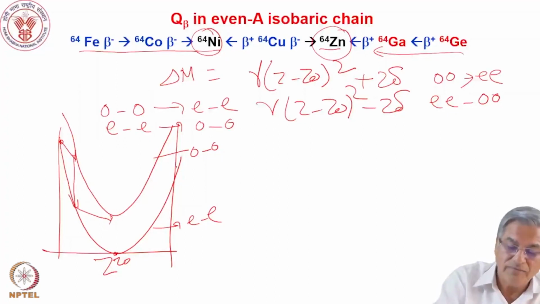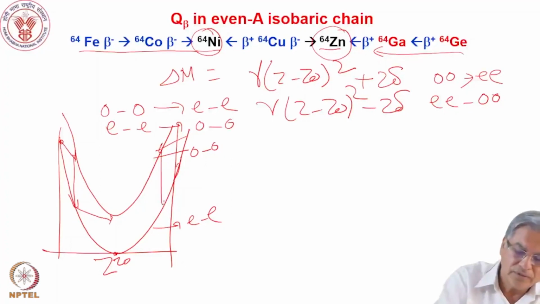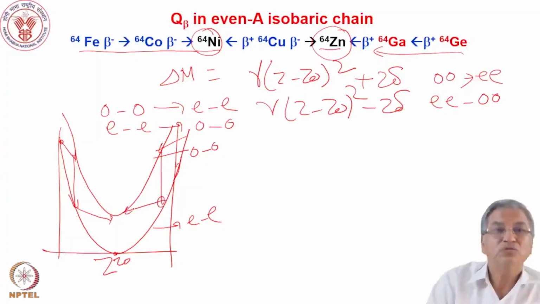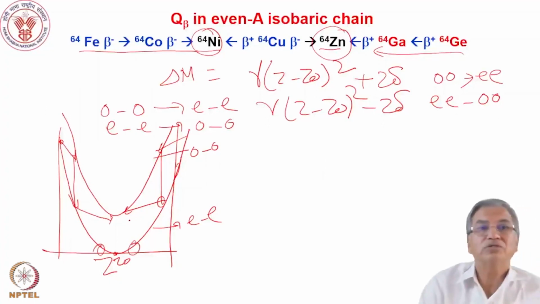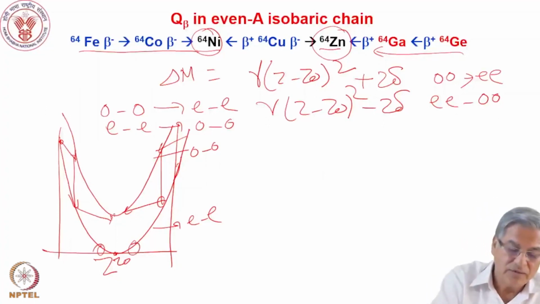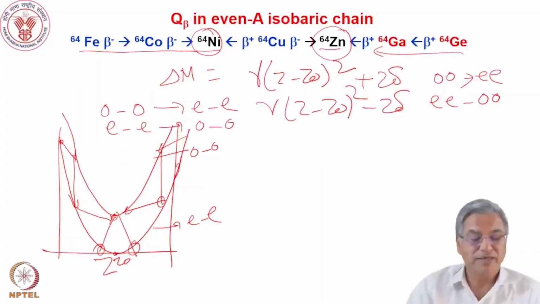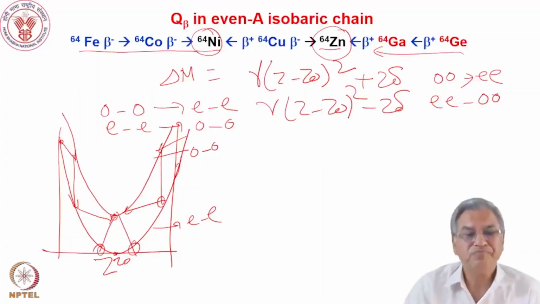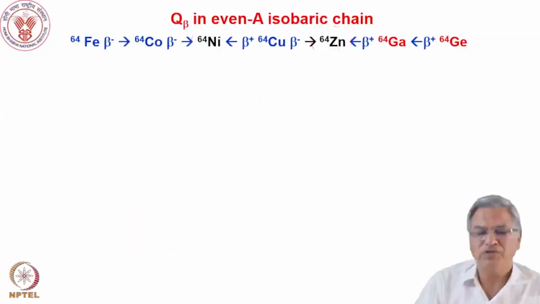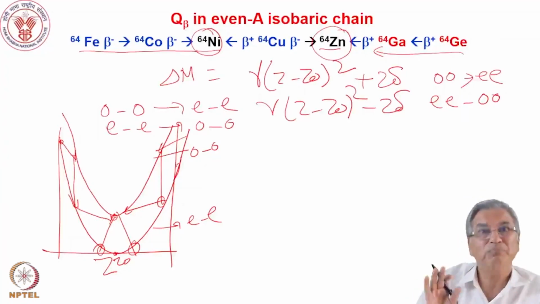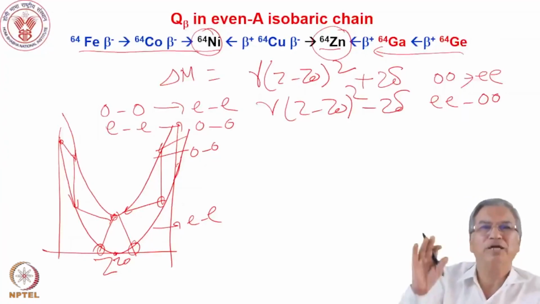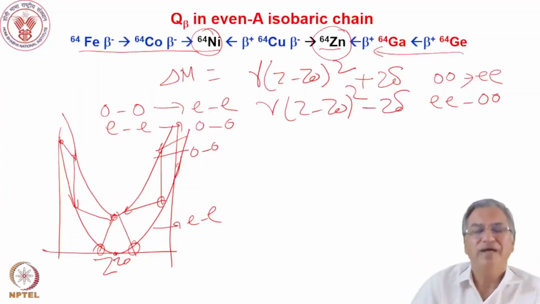Similarly, here you will have this way, and so finally you may end up with two stable isobars, and this can undergo probably beta plus beta minus, like in the case of copper. So in case of even A isobaric chain, you have two parabola because of the pairing difference. So odd isobars lie on the upper parabola, and the even isobars lie on the lower parabola.